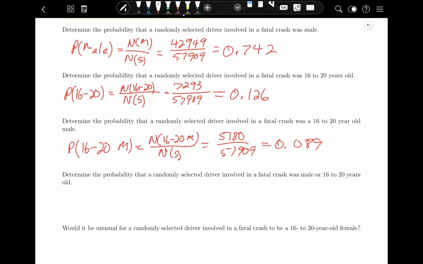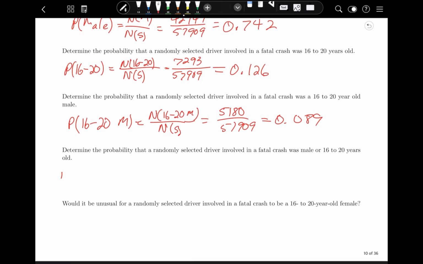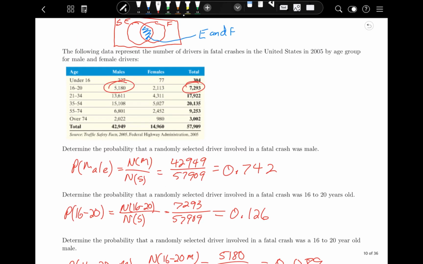Now, if I want to determine the probability that a randomly selected driver involved in a fatal crash was male or 16 to 20 years old, so the probability of 16 to 20 or male, I would want to add the probability of male plus the probability of 16 to 20. And then the problem is these guys here got counted twice, right? They get counted as male and they get counted as 16 to 20.